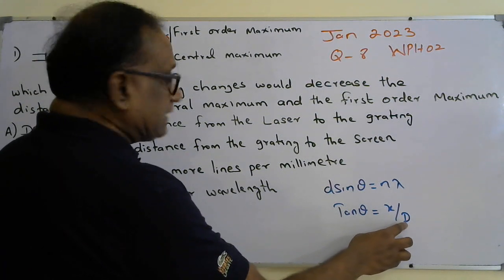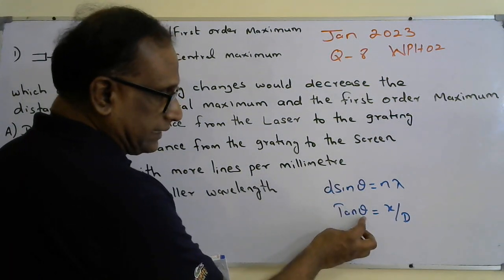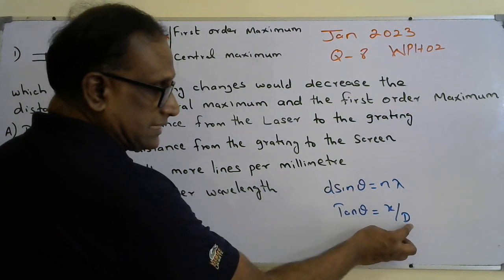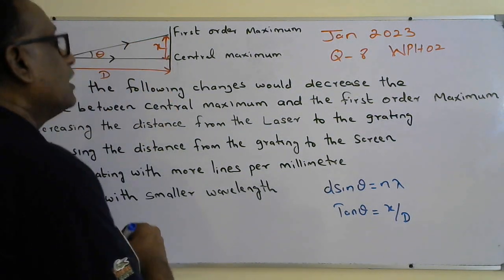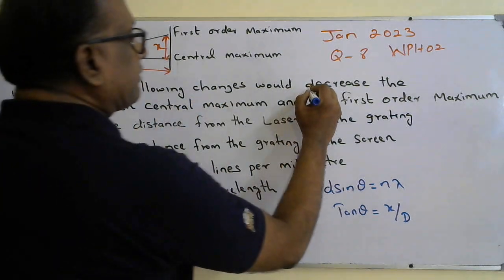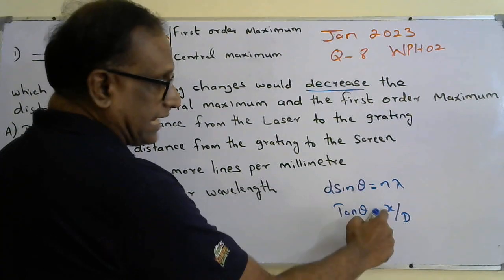So when you increase D, tan theta remains constant. When you cross multiply, x will increase. If you reduce D, x will decrease.